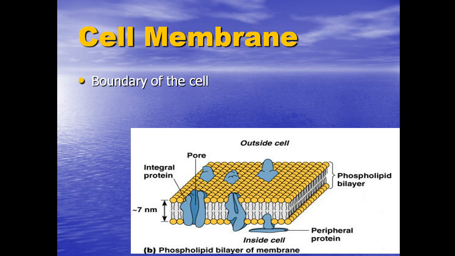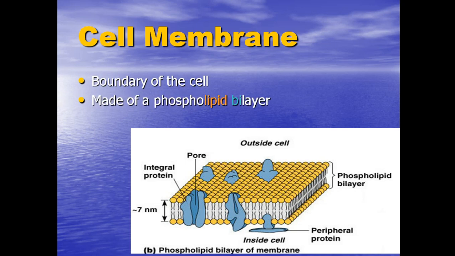Whereas the inside wall of the plasma membrane always communicates with the cytoplasm, because the plasma membrane forms the boundary of the cell and surrounds the cytoplasm.